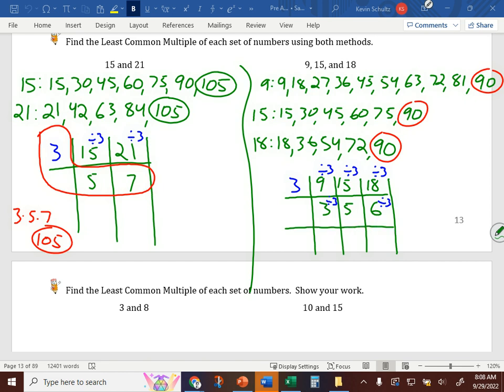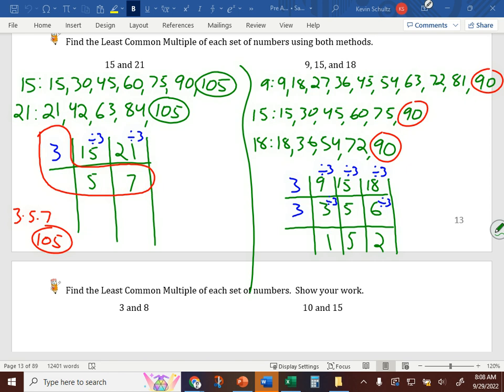Whereas greatest common factor, it's got to be every single one, every single time. With least common multiple, if you can do anything with any of the numbers, you do it. Okay? So I'm going to take out another 3. 3 divided by 3 is 1. My 5 doesn't change. That's still going to be a 5. And my 6 divided by 3 is 2.